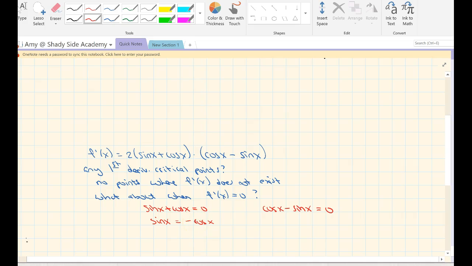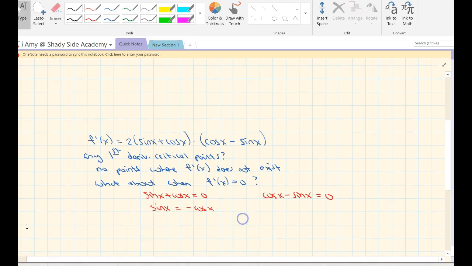And in quadrant 1 and in quadrant 3, you hear that? In quadrant 1 and in quadrant 3, sine and cos have the same sign. In quadrant 2 and in quadrant 4, however, sine and cosine have opposite signs.